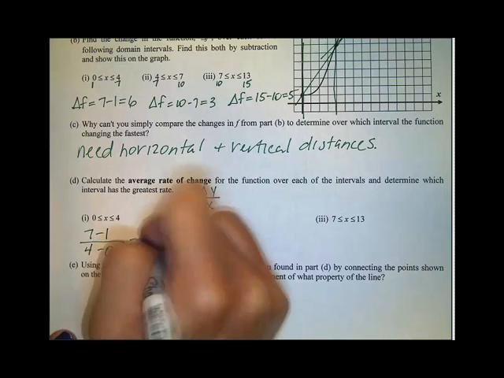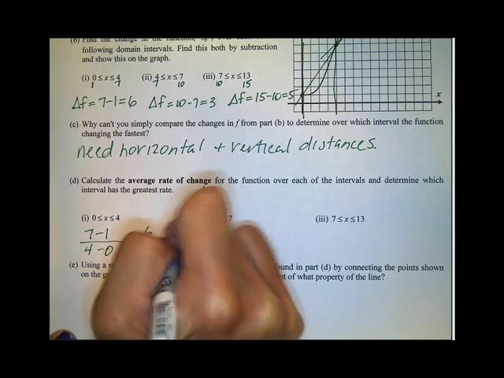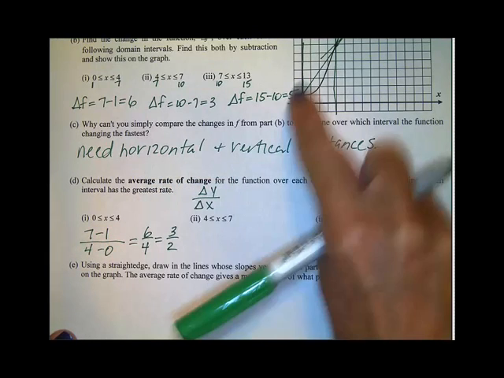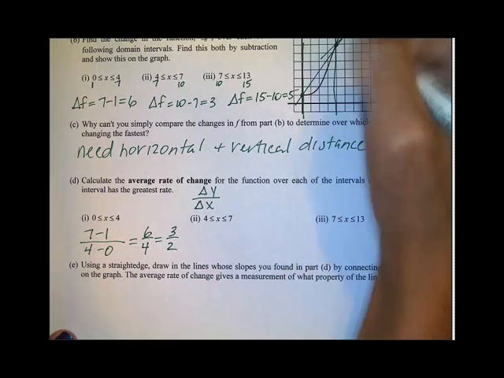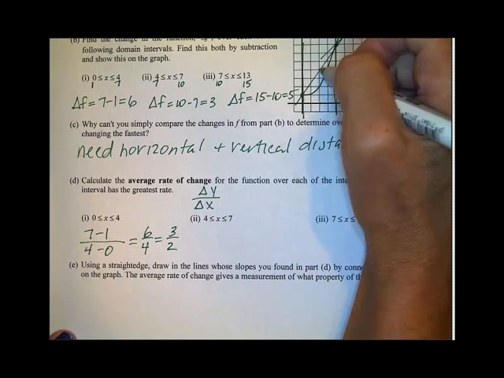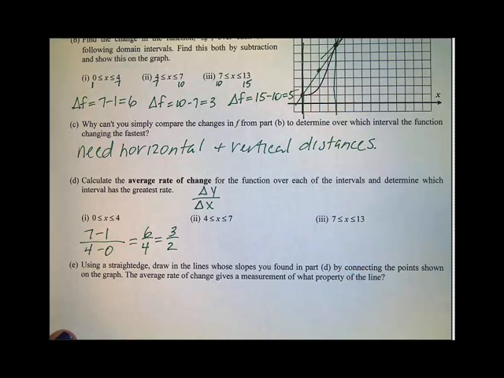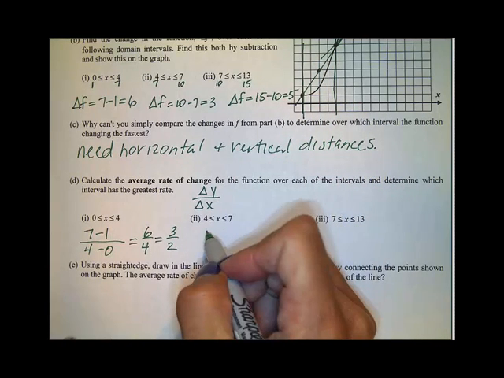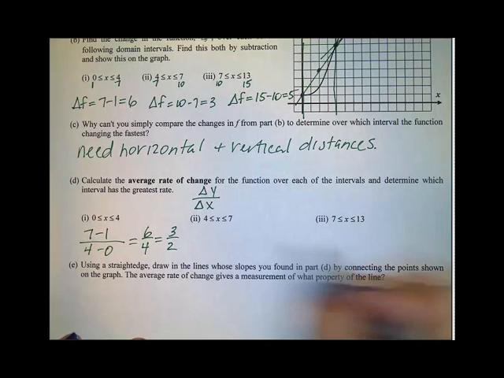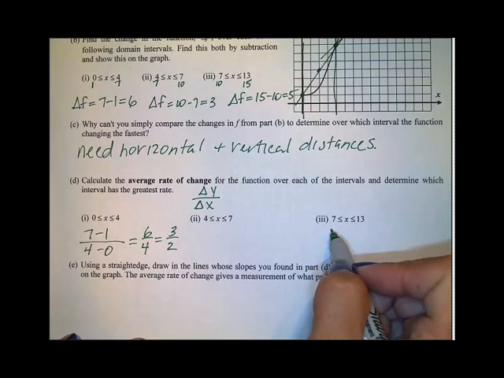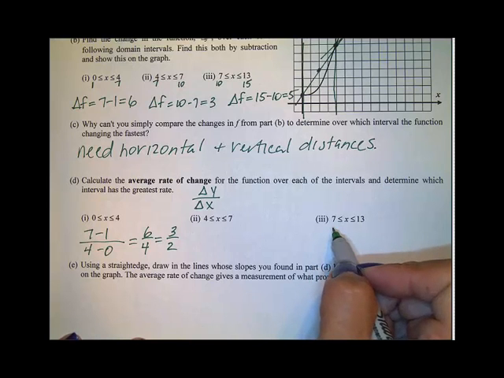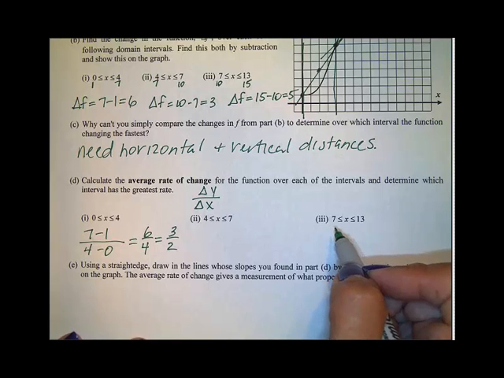So 6 over 4 is the same as 3 over 2. Now, can you try parts II and III? If not, you can start the video again. If you can, pause the video, try it on your own, and then press play.